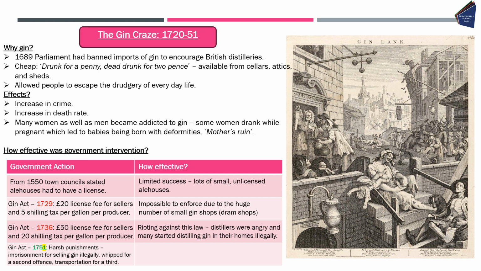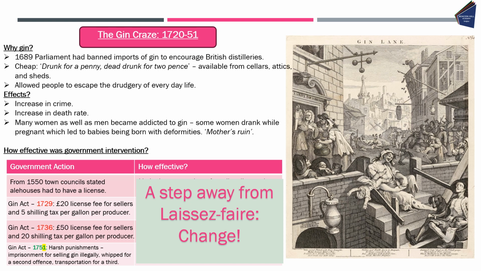This act was the most successful, so it introduced very harsh punishments such as imprisonment for selling gin illegally, being whipped if you do this for a second time, and a third offence would lead to transportation to America and then later to Australia. So this is a real deterrent for many people, and as a result of that, we see a huge step away from laissez-faire for the government.